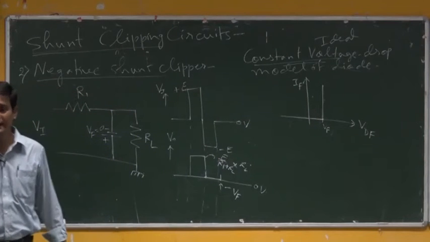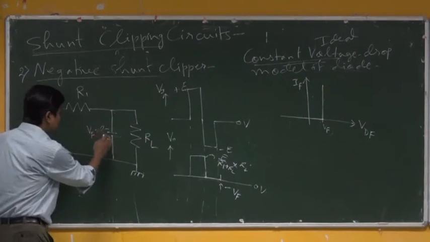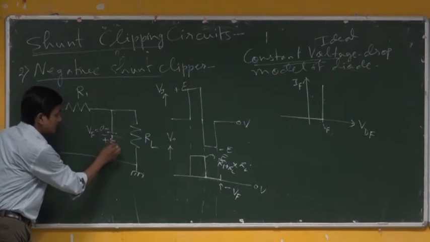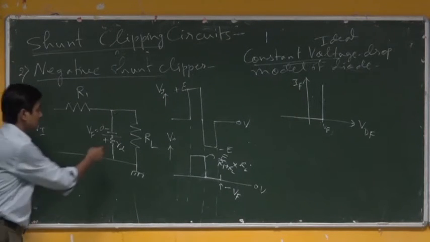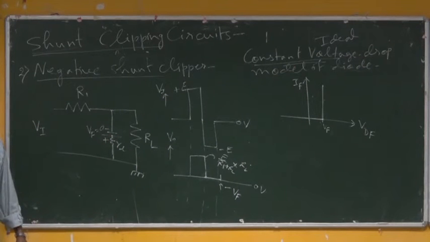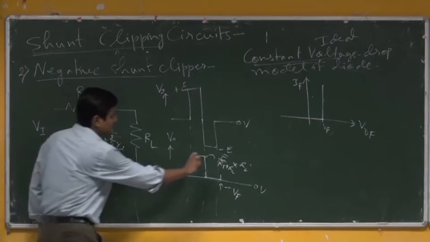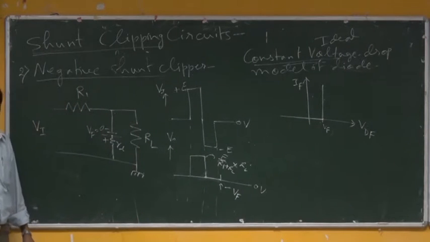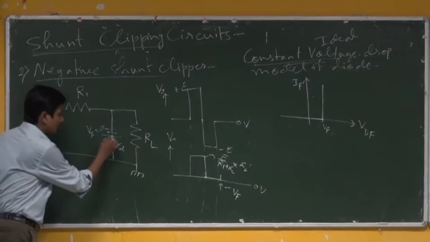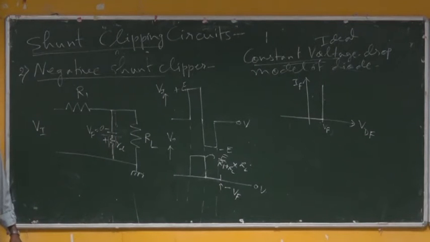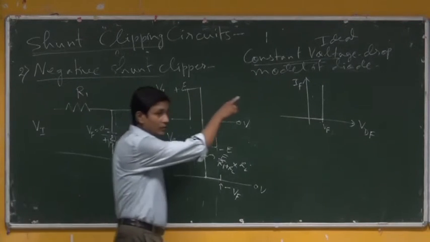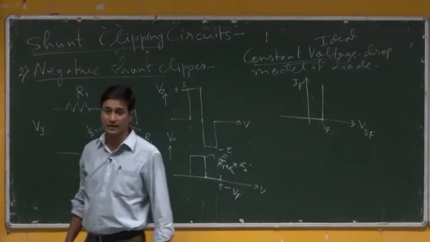If I extend it for the piecewise linear model, in that case, I will not consider only VF. Along with that, one small resistor RD I will be taking there. Depending on the voltage, how much I have applied, the linearity is maintained through this RD value. So the modification in the voltage value which will happen there has to be checked. But the complexity there is that you need to know how much current is flowing through the diode, which we don't need for the constant voltage drop model or the ideal model.